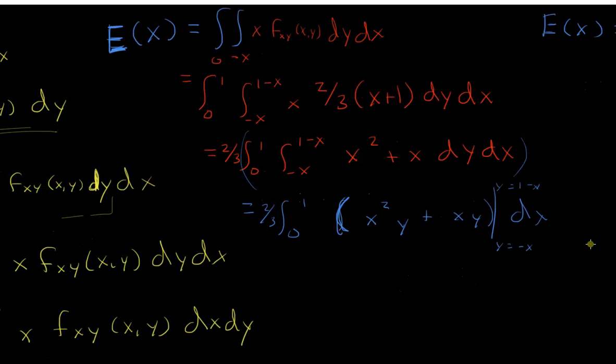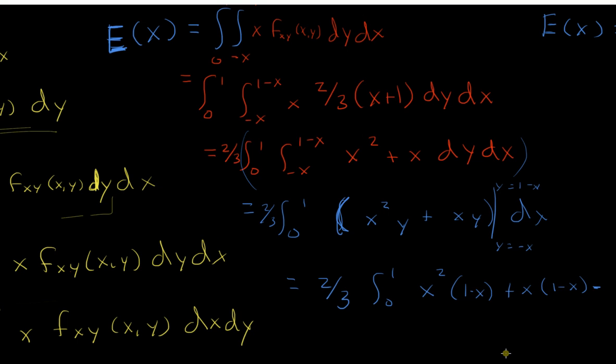I still have my 2/3 out front. Plugging in the bounds, I get x squared times 1 minus x, so I plugged in 1 minus x for y, then plus x times 1 minus x.